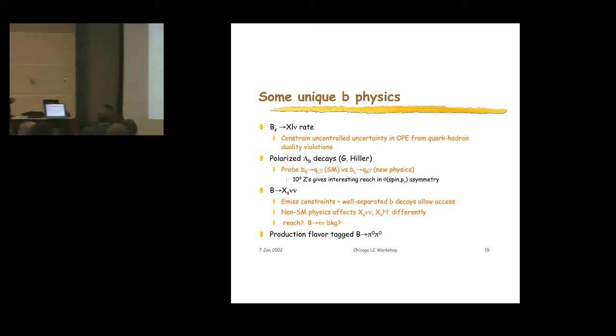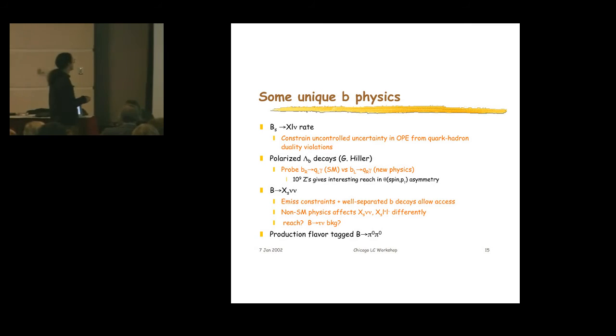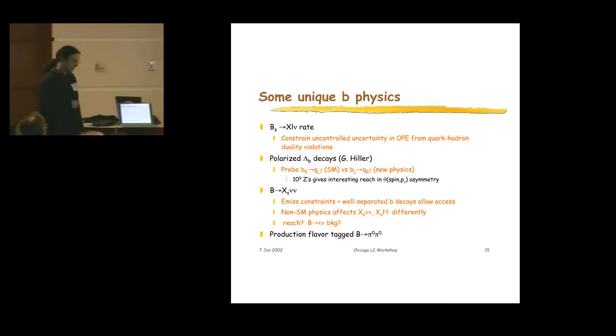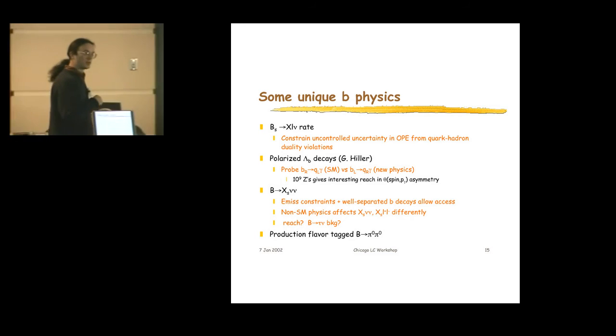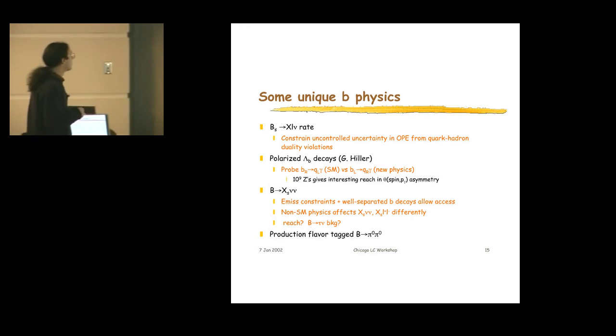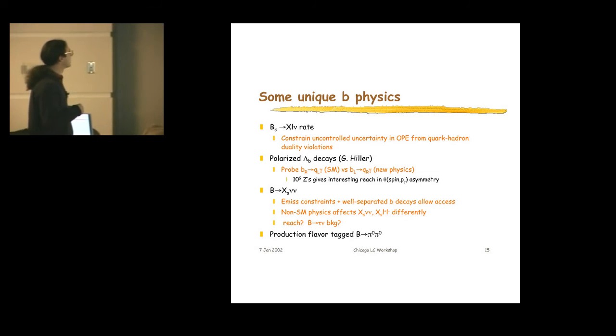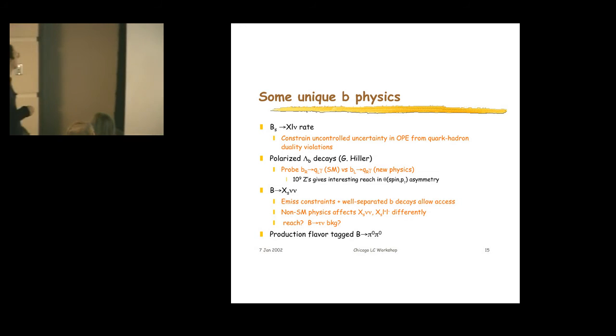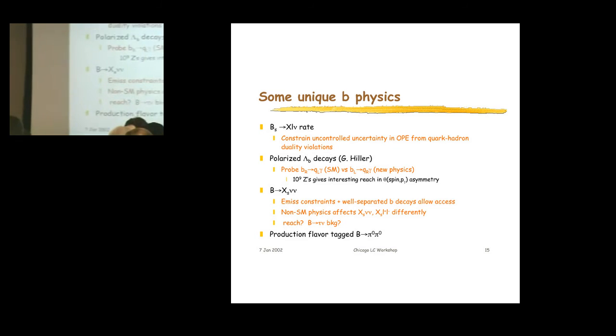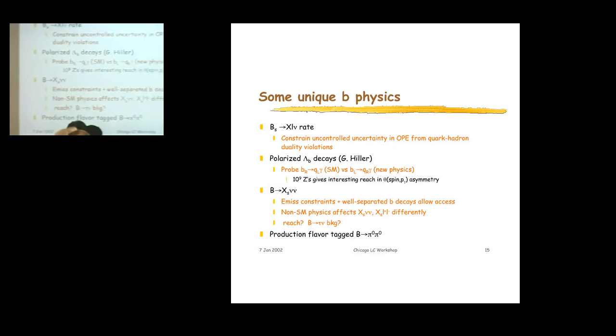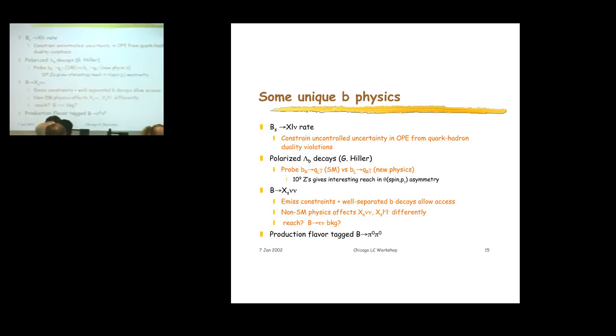However, there are some unique opportunities that GigaZ would give you. For example, if you're trying to extract V_cb or V_ub from inclusive measurements, right now there are completely uncontrolled theoretical uncertainties from quark-hadron duality violations in the predictions of the inclusive rates.